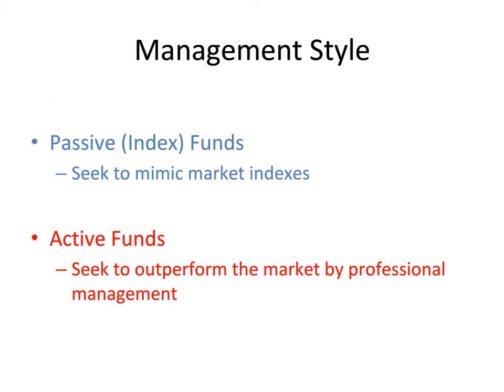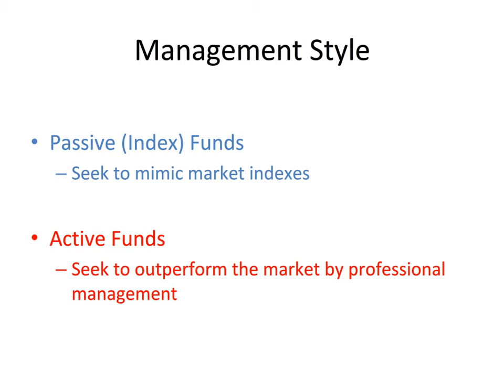There are two types of management styles of mutual funds. One is passive funds, and those funds tend to or seek to mimic market indexes. Given that they're seeking to mimic market indexes, there's very little professional management or decision made about which investments to put in those funds. Hence, these funds typically have low operating expenses.